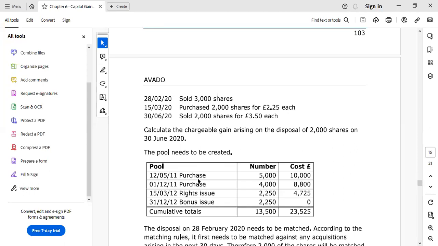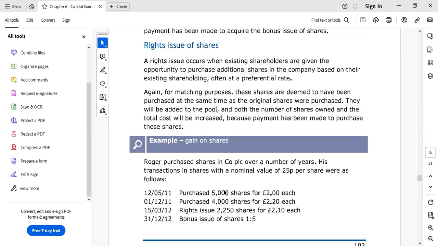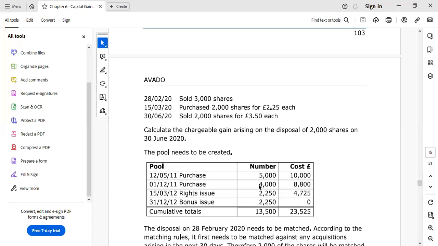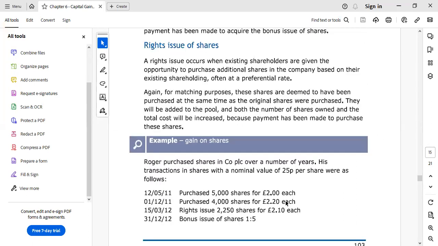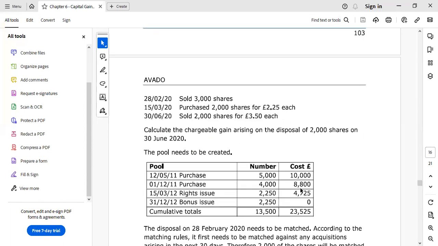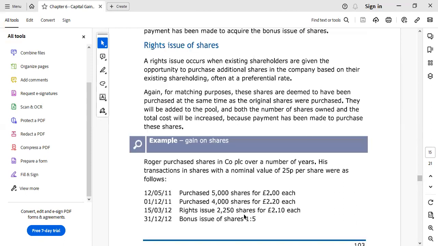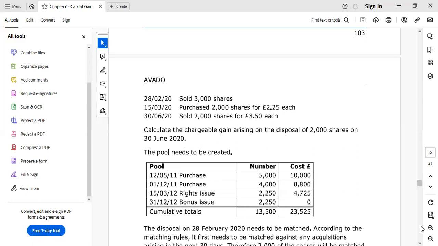On 12th May 2011, 5,000 shares were purchased. So 5,000 multiplied by 2 is equal to 10,000. Then 4,000 shares were purchased, multiplied by 2.20, and we get 8,800. And the rights issue, 2,250 multiplied by 2.10, gives 4,725, and then the bonus issue 1:5.